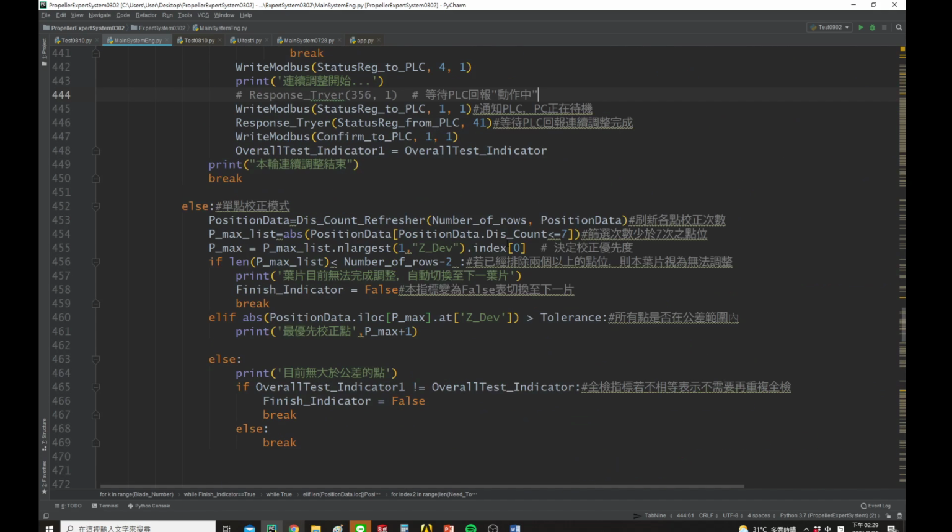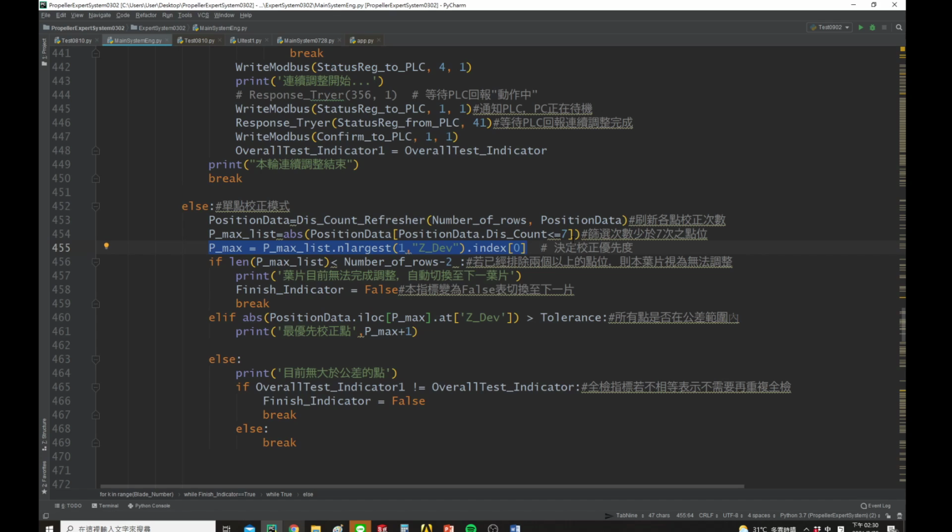Single point tuning: the first thing is we find the largest deviation of the distribution.